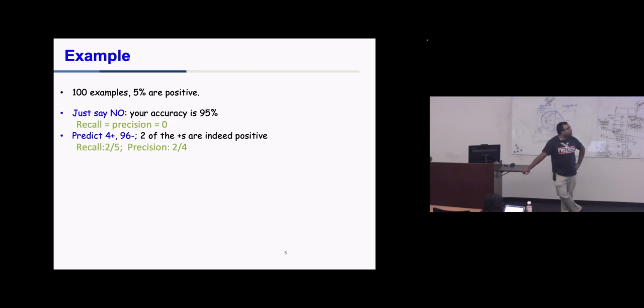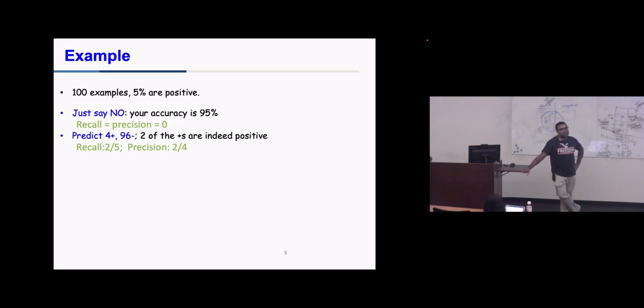So tell me, what is the number of true positives based on that description? 2. What is the number of false positives? 2. What is the number of false negatives? 3.